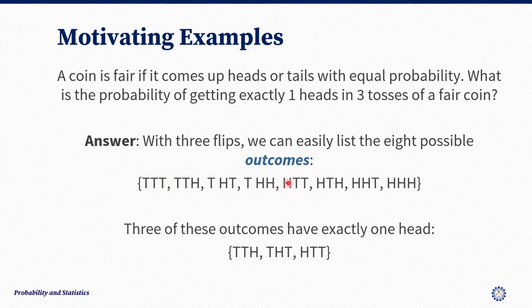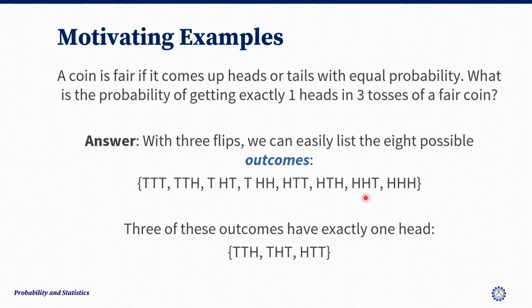To check that, we can see here our 8 possible outcomes: TTT, TTH, THT, THH, HTT, HTH, HHT, and HHH. If we count exactly one head, we have TTH, THT, and HTT. That's 3.